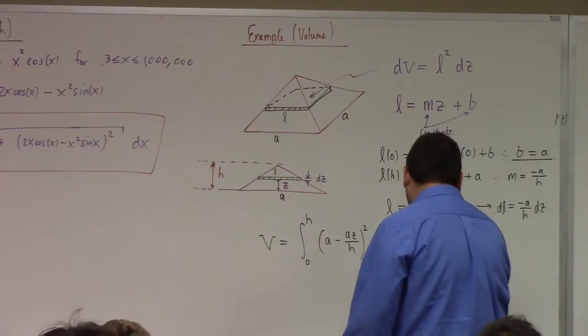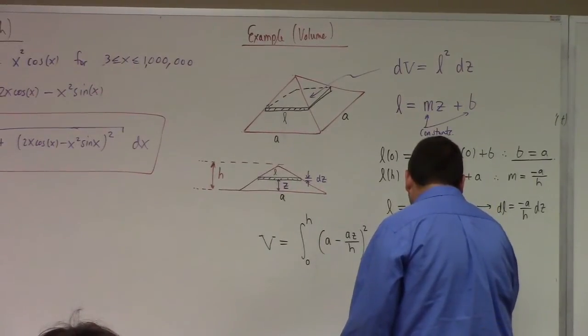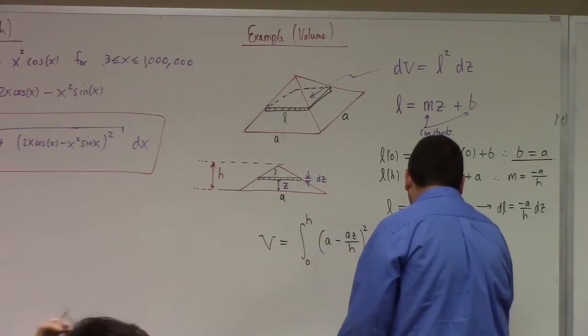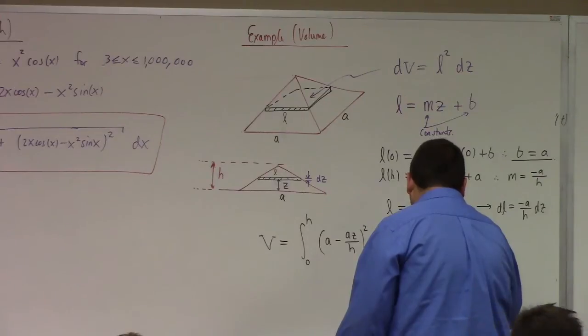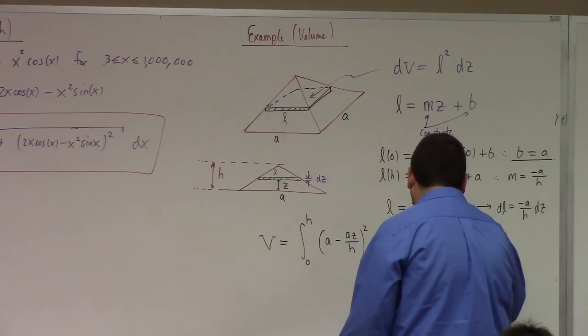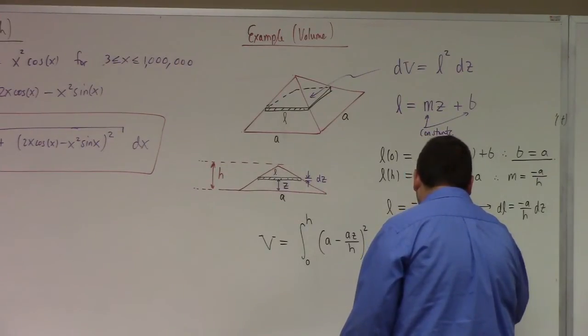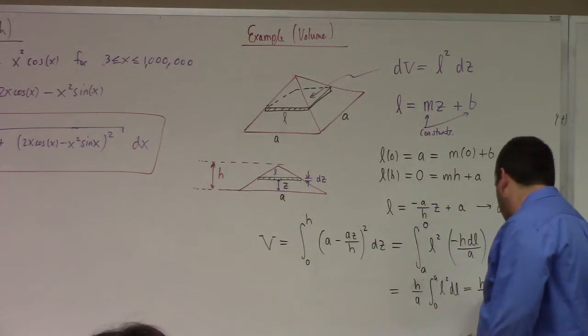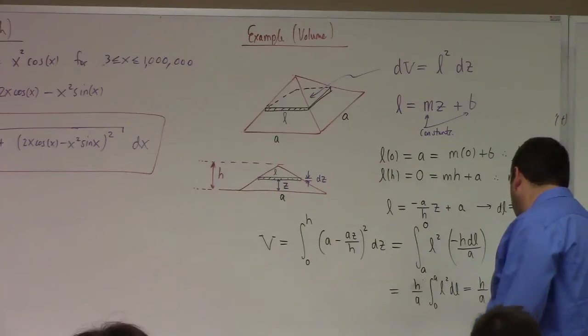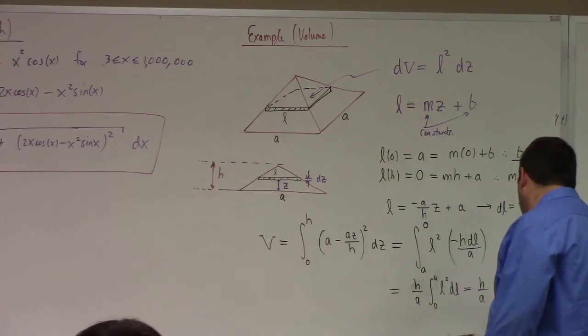So this gives us minus, well, I'm going to flip the bounds if you guys don't mind. So I get h over a times the integral from 0 to a of L squared dl. So in other words, h over a, L cubed over 3 evaluated from 0 to a, and there you go.